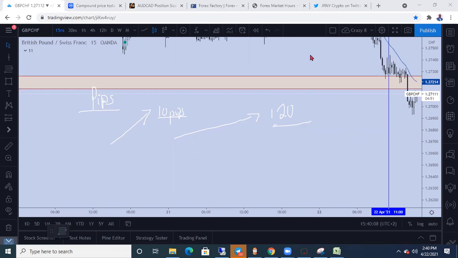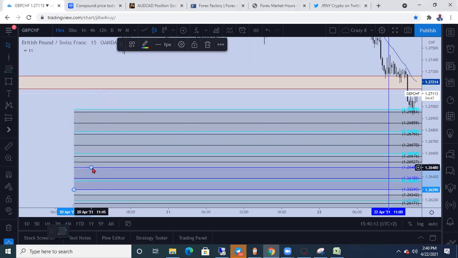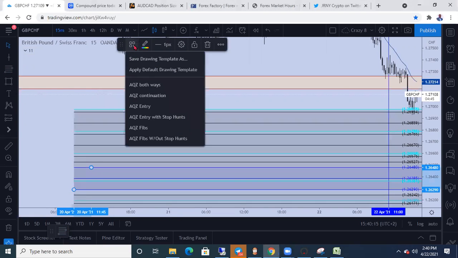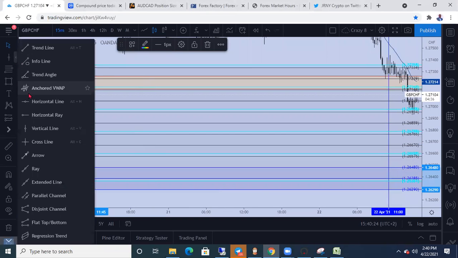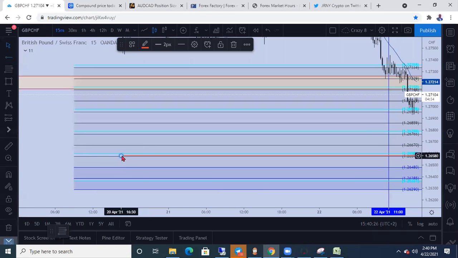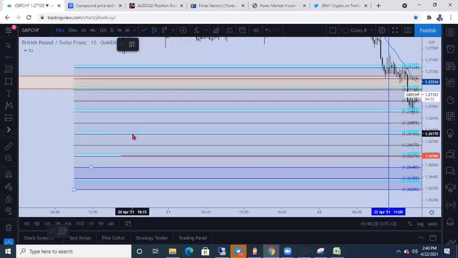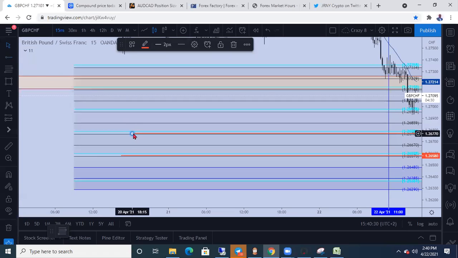So if you mark your H4, if you have an AQZ fib, for instance, let's do this here. If this happens to be my H4, this happens to be my TP1 on H4, this happens to be my TP2 on H4.